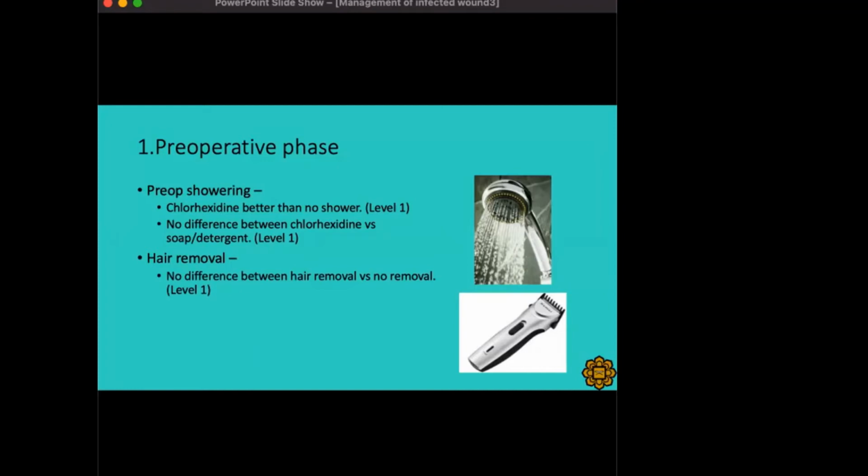But there's actually no difference in the risk of SSI between removing or not removing hair. But if you're going to remove hair, you should use clippers or depilatory cream rather than razors, because razors tend to cause trauma to the skin, which can cause superficial skin infection.